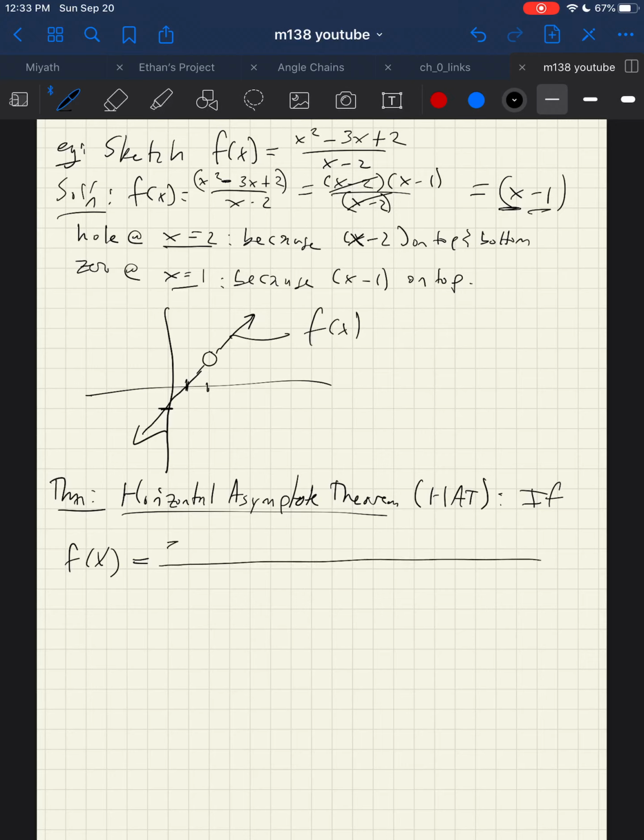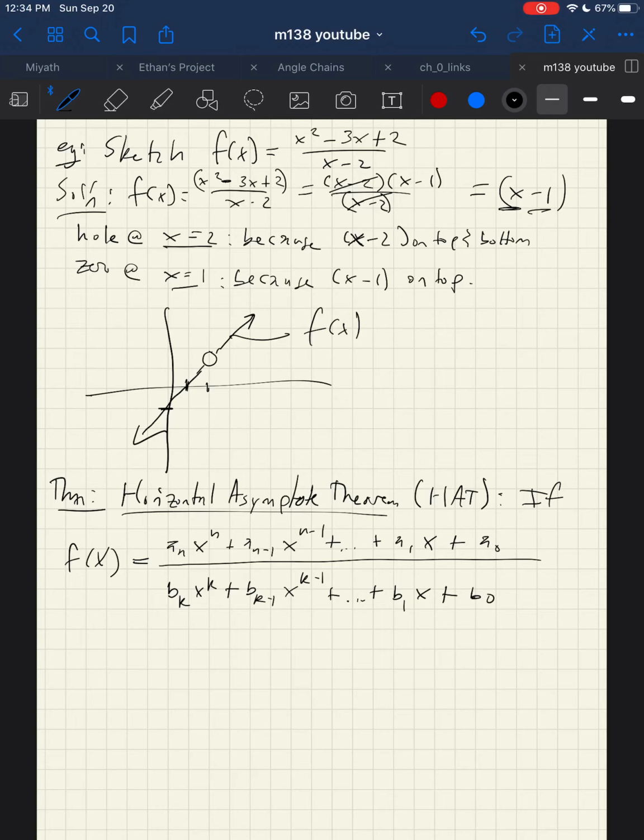If it equals a sub n times x to the n plus a sub n minus 1 times x to the n minus 1 plus dot dot dot plus a1x plus a0 over b sub k x to the k plus b sub k minus 1 x to the k minus 1 plus dot dot dot plus b1x plus b0.